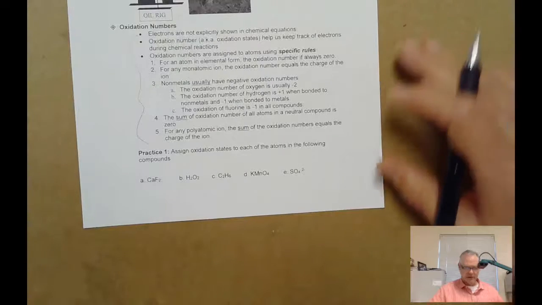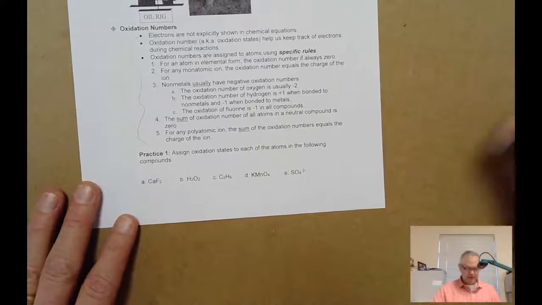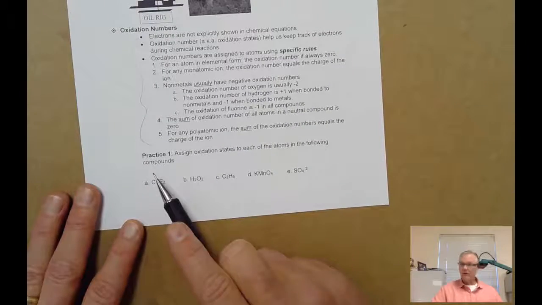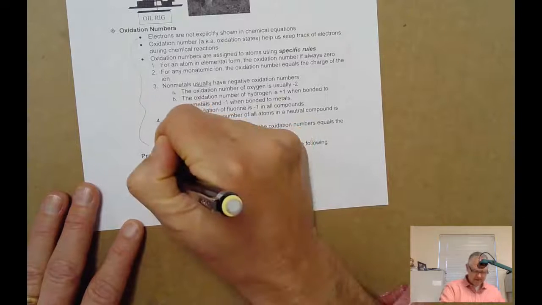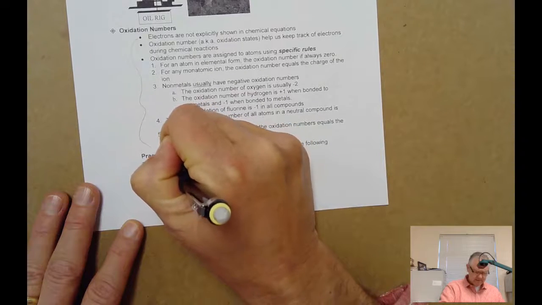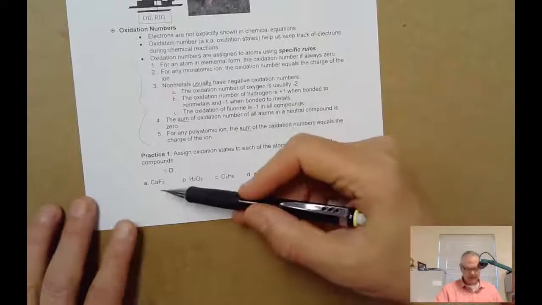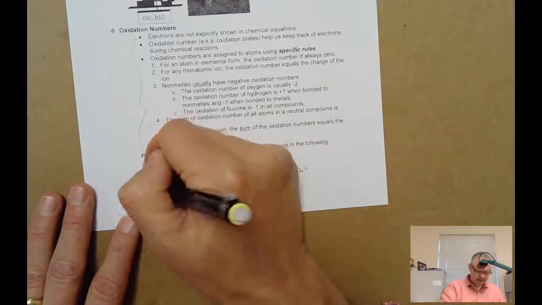Make sure that you can assign oxidation numbers. We said that an individual element or compound must have a total oxidation state of 0. The way that I do it is I work above it, because we already know that calcium has to be a +2.